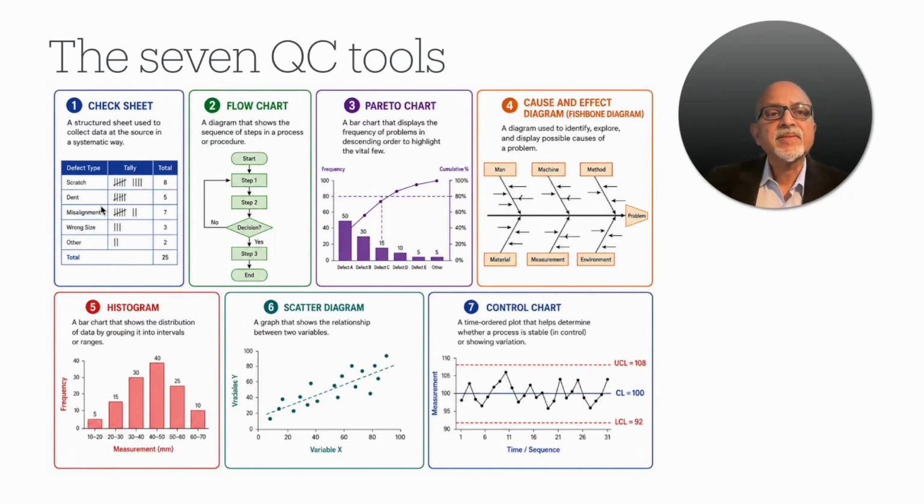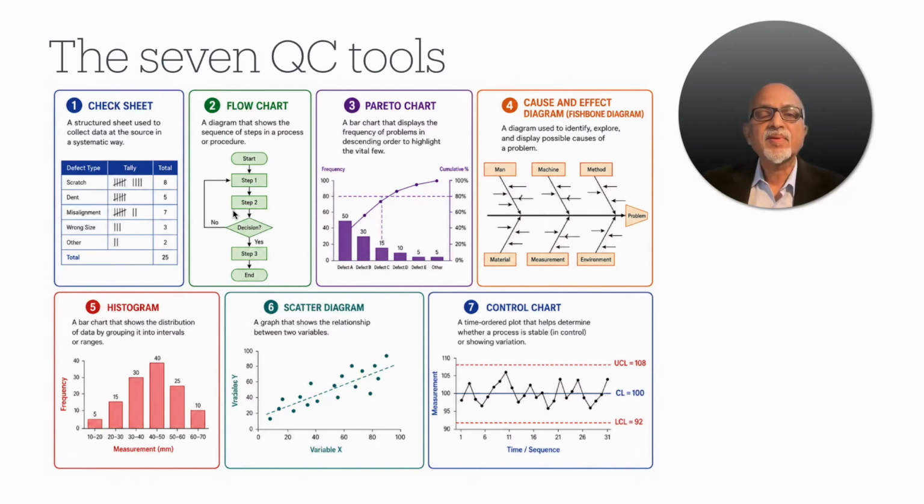So check sheet is a very simple tool where we can measure the number of occurrences of each defect type. In this scenario, they have given defect types. So in the first category, we have this many defects coming up. So we use a check sheet to count the occurrence of different categories.